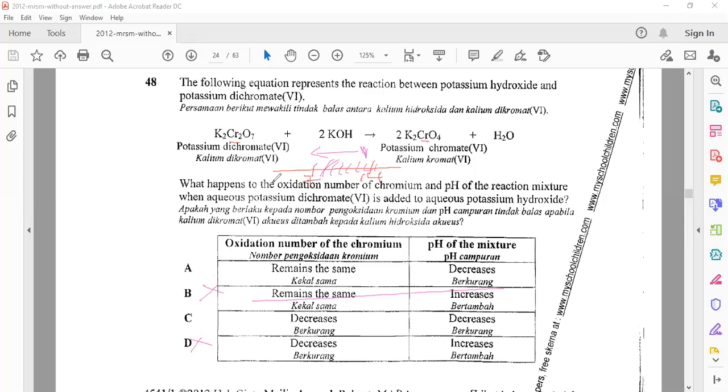Next part. We are going to calculate the oxidation number of this Cr. For this, it will be 2 times positive 1, plus 2x, plus 7 times negative 2, equals 0. So what is the value of x? Someone get for me, please.